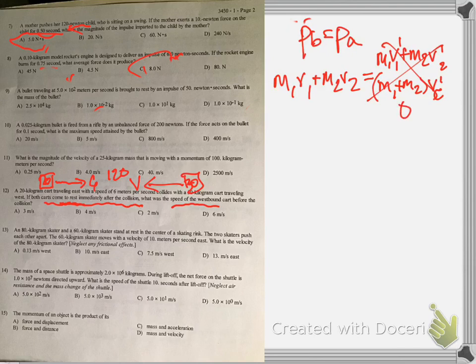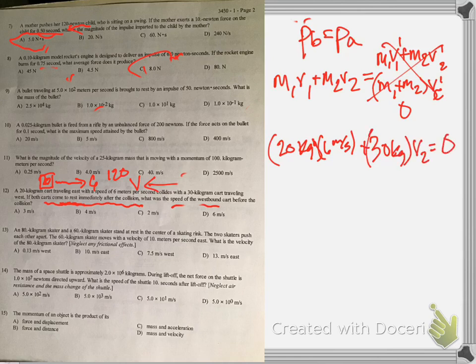So M1V1 is, what did we say, 20 kilograms times 6 meters per second. Plus, I'm going to erase, 30 kilograms times V2 equals 0.